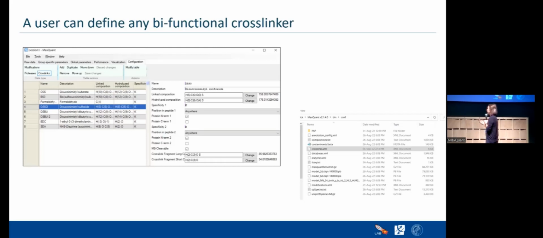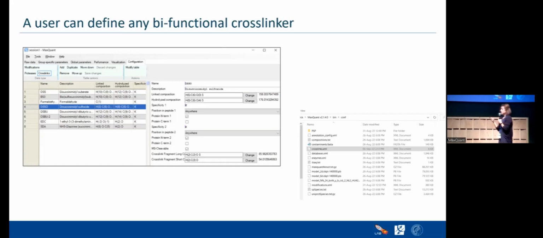And when you have MS cleavable, you enable this, and you need to tell the software what the long and short parts of the crosslinker's fragment pieces are. Again, what you need to define is only the formula. After you define the formula, we will calculate the numeric value.